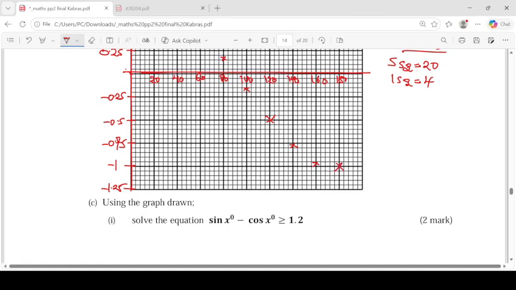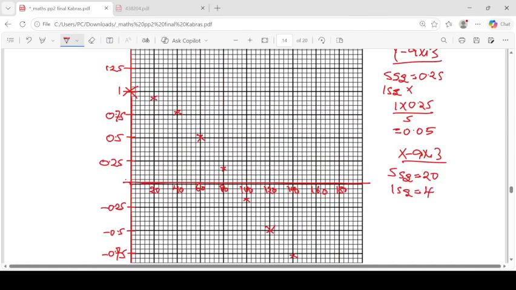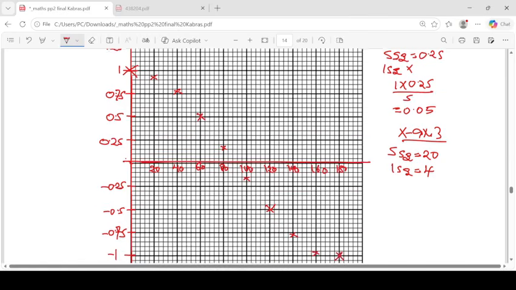Like that. Then, what are we going to draw? We are now going to draw our curve. Our curve will go this way. I hope you can see.